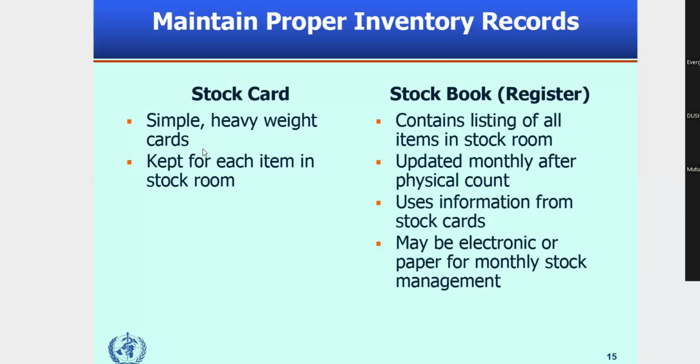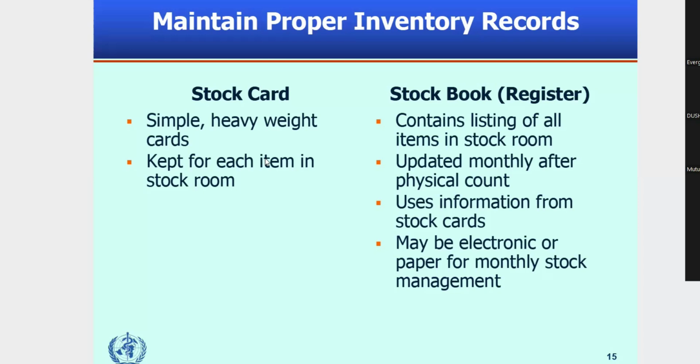The store card is used at each transaction of any item. When you receive a material or medication or consumable, you have to record it on a store card. The stock book or register can be used at an interval of 1 month.